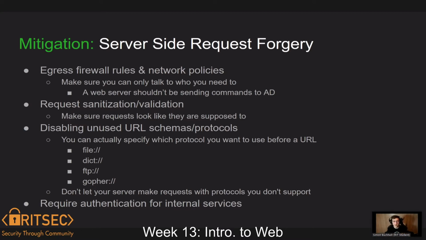So if you're able to specify a different URL scheme to the web application, it might just accept it, make that request for you and return a file for you. So then now you have arbitrary file read, which is not good. So make sure you disable everything you don't need, and requiring authentication for internal APIs and services is also a good way to stop this from happening.